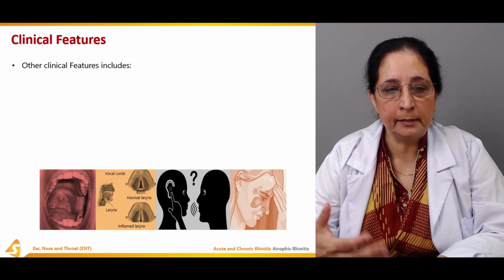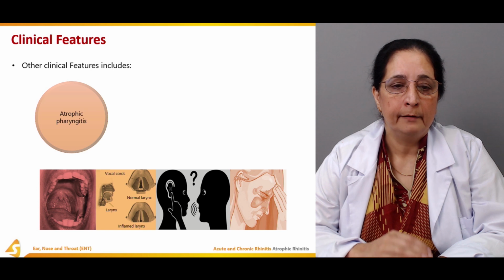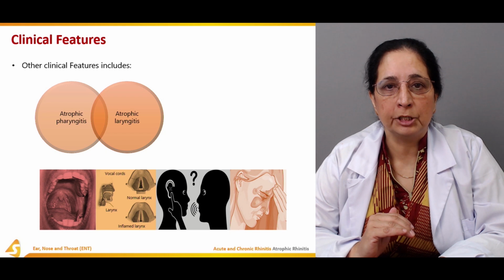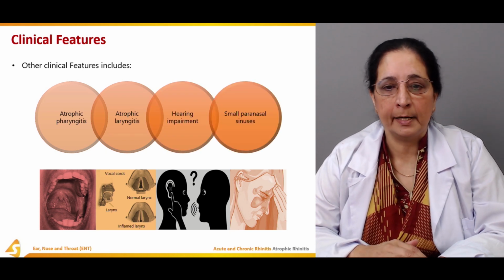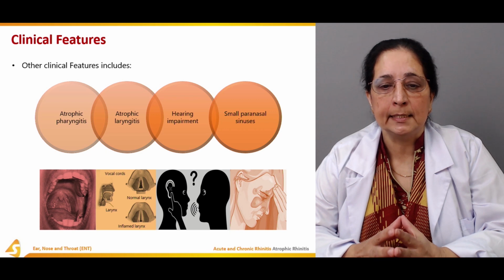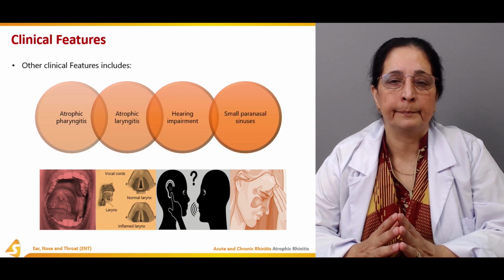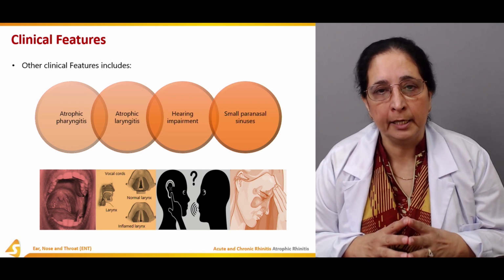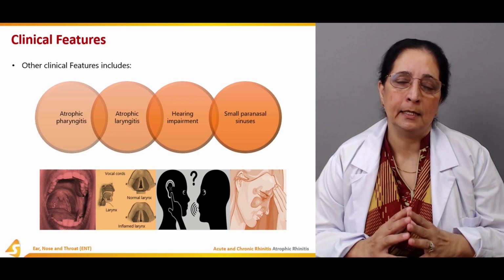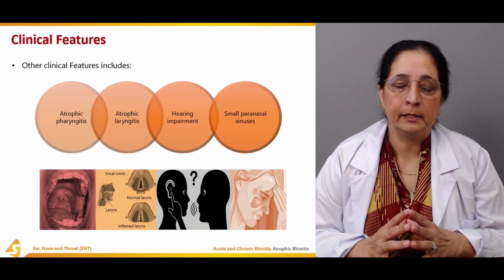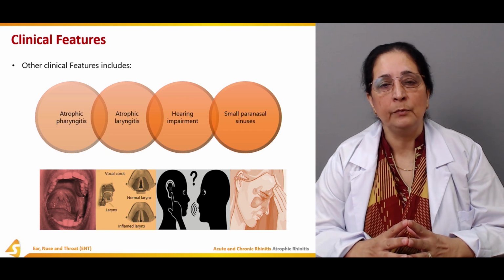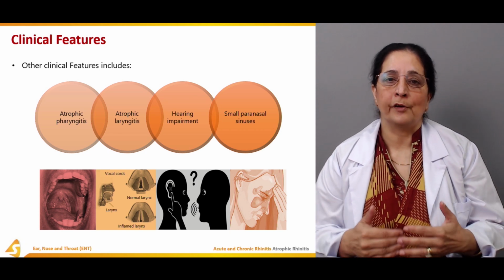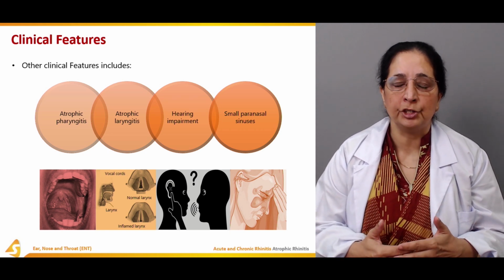Next, other clinical features include atrophic pharyngitis, atrophic laryngitis, hearing impairment, and small paranasal sinuses. All these are present in atrophic rhinitis, which is due to atrophy or shrinking of the nasal mucous membrane, different glands in the mucous membrane, and turbinates of the bone. They can be due to hereditary factors or racial factors.